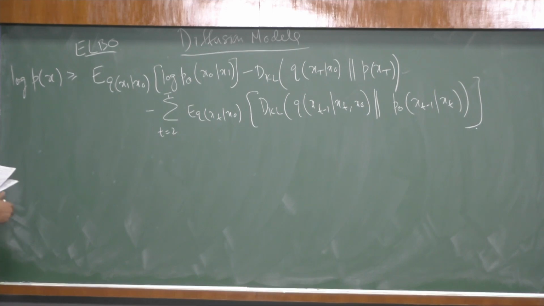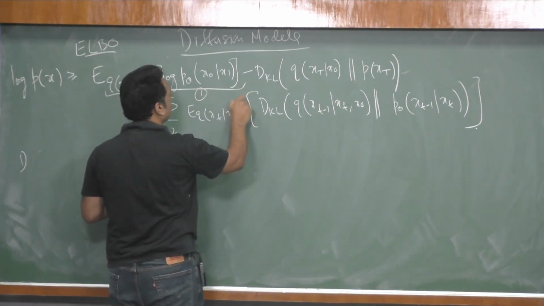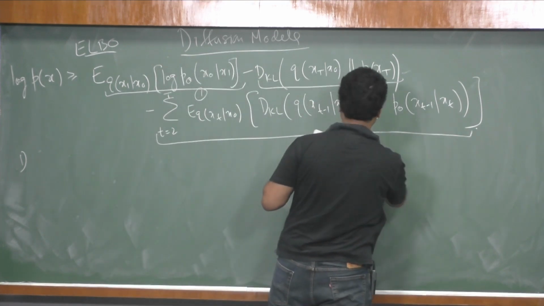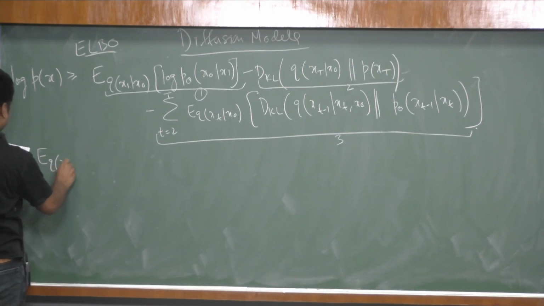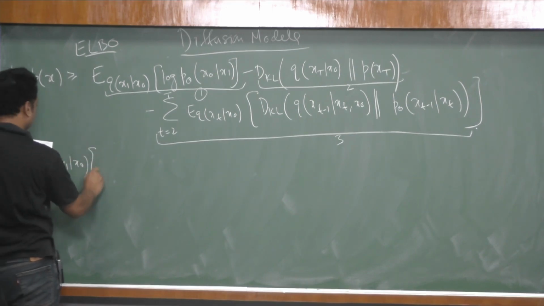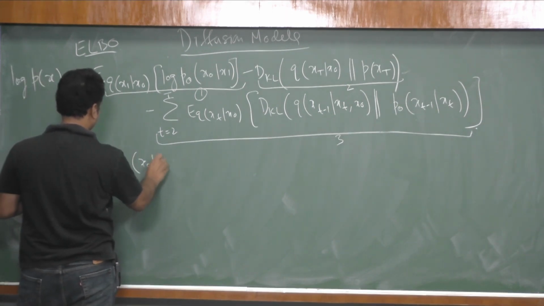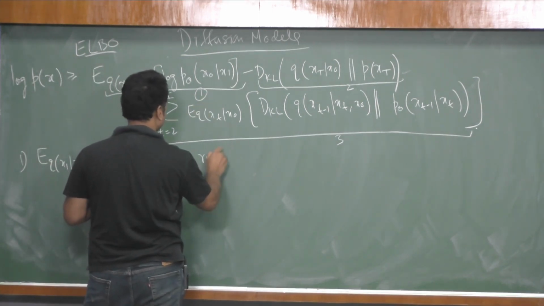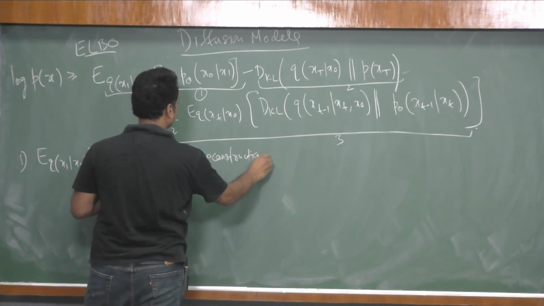Just to recall, the terms are as usual. The first term is a reconstruction term, the second term, and then the third term. So E_q(x1|x0) of log p_theta(x0|x1) is a reconstruction term, but this is something we have already seen, so you can think of this as a revision.